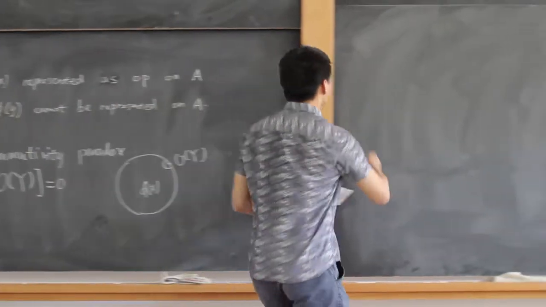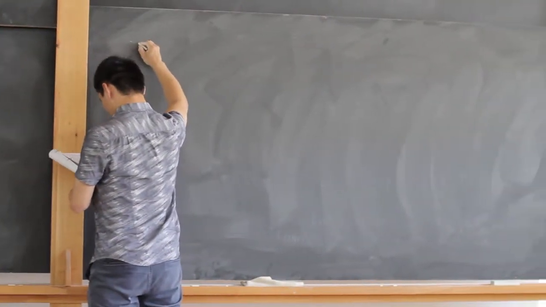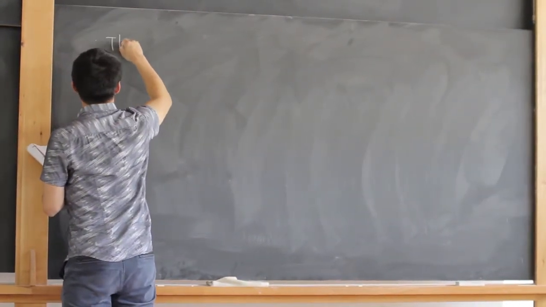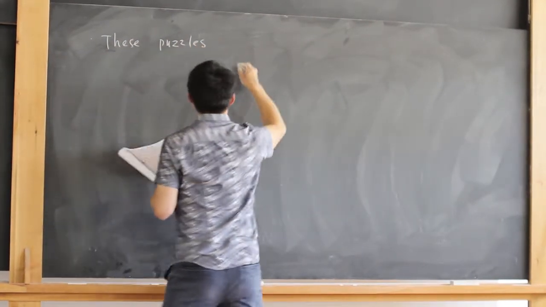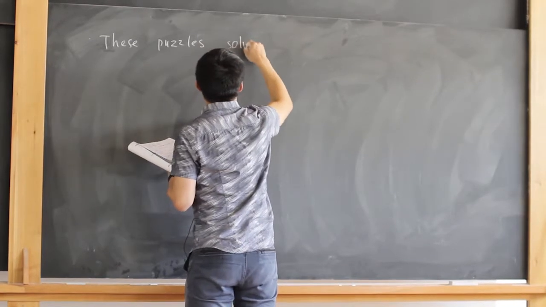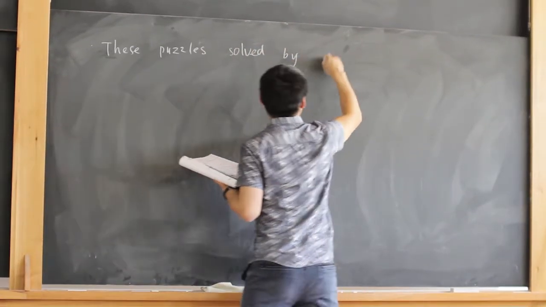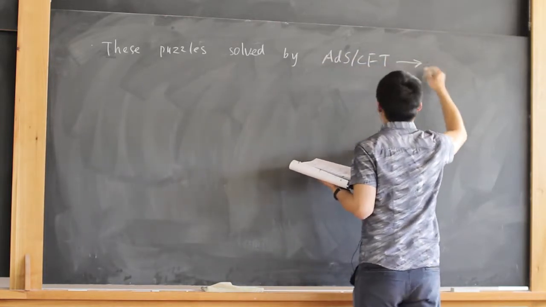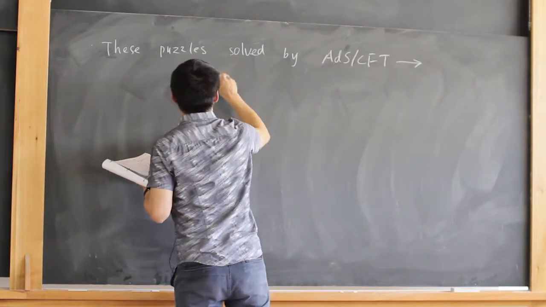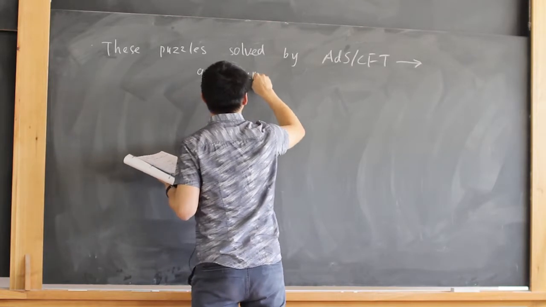Okay, so these puzzles can be solved by interpreting AdS/CFT as a quantum error-correcting code.